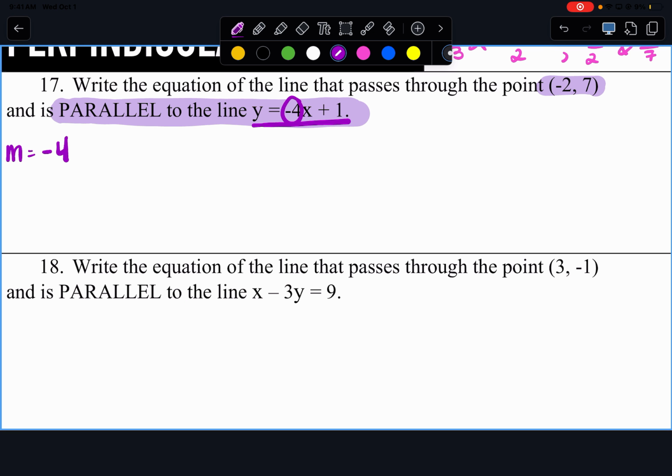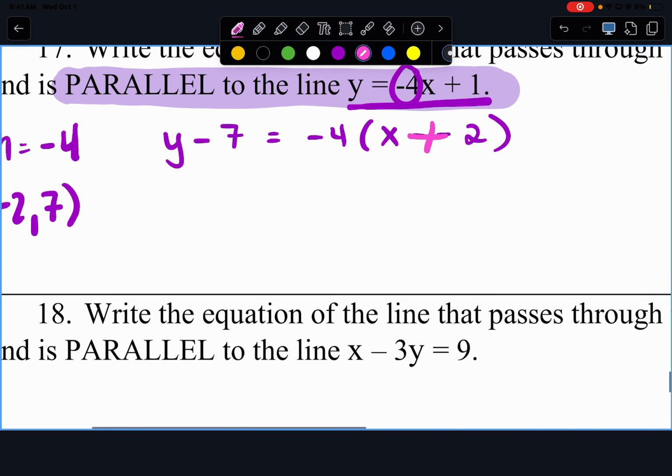Negative 4. And then the point is negative 2, 7. I have a slope and I have a point. What formula do I use? Point slope. So we do y minus 7 is equal to negative 4 times x minus negative 2. We subtract a negative number, and then I solve that for y. How do I solve that for y?